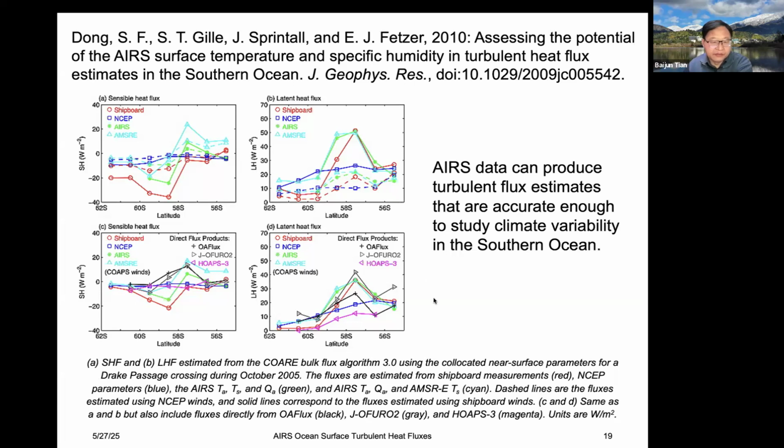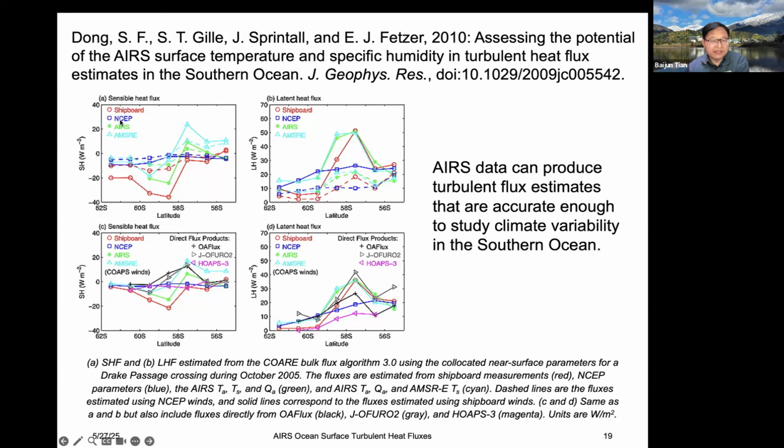And for example, in these four figures, I think the left column is sensible heat flux, the right column is the latent heat flux, and the upper two panels are sensible and latent flux. The red is based on in-situ observation from the buoy.